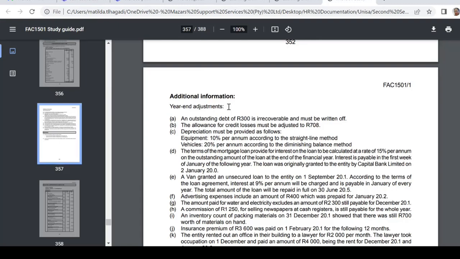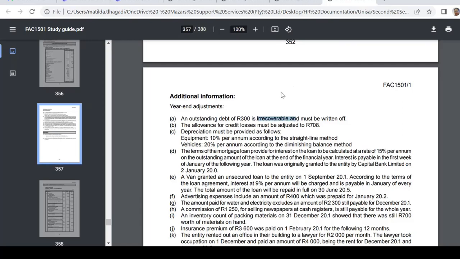What is the entry there? A debt has been written off. So we're going to debit credit losses and credit debtors control. Basically, this is a debt that's been written off.